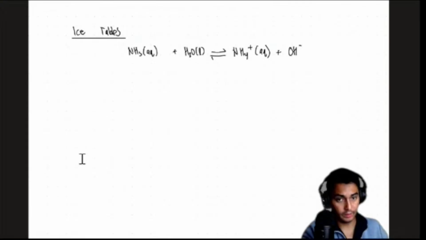Okay? So if something is decreasing, we're going to represent that by a minus X. I'm going to put that in red. And then if it's increasing on the product side, I'm going to represent that with the positive X in blue. Okay? So in total, I'm going to say this is 0.0124 minus X and then a plus X.